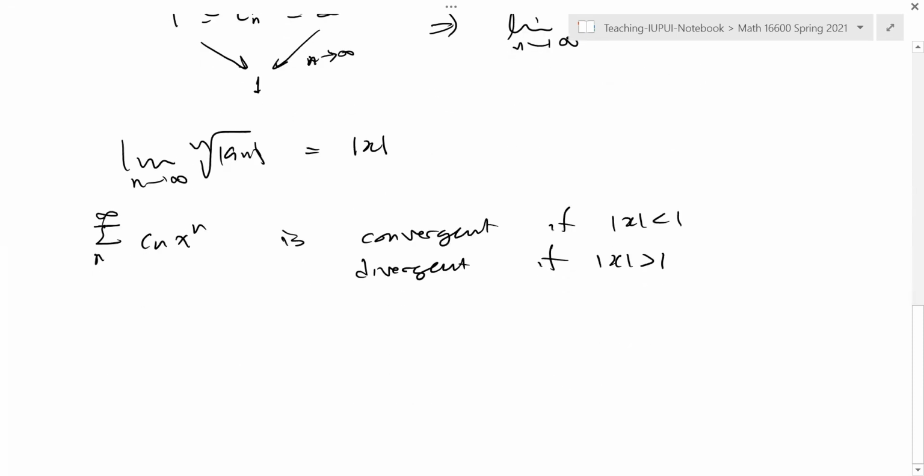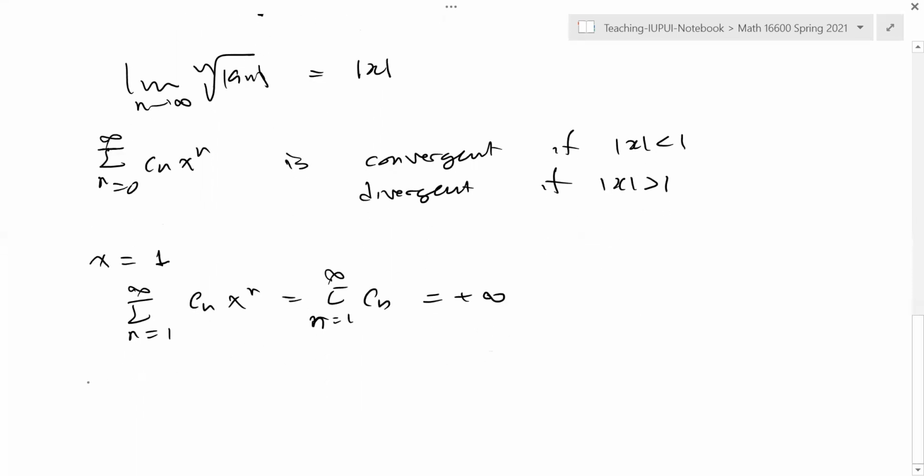Now, how about when x equals 1? When x equals 1, the terms c_n are clearly not approaching zero, and the sum is positive infinity because every term is 1 or 2.